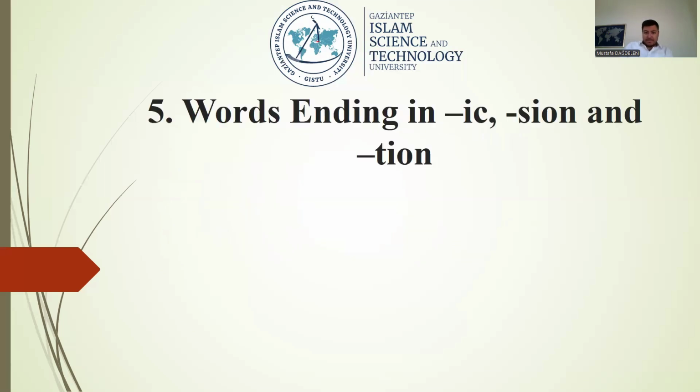Let's go on. Words ending in -ic, -tion, and -sion. When we see these sounds at the end of a word, it means the stress is right before these endings. So when we see them, we put the stress right before them.